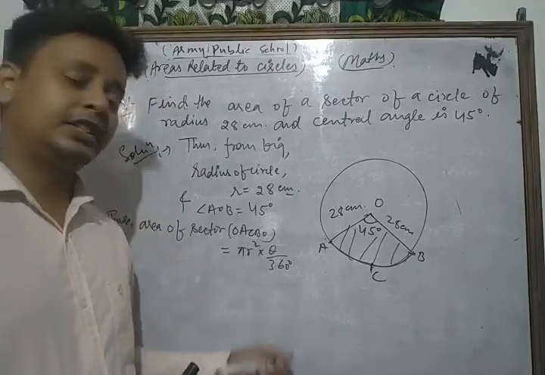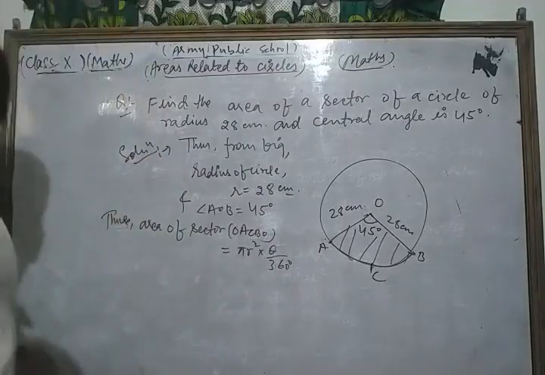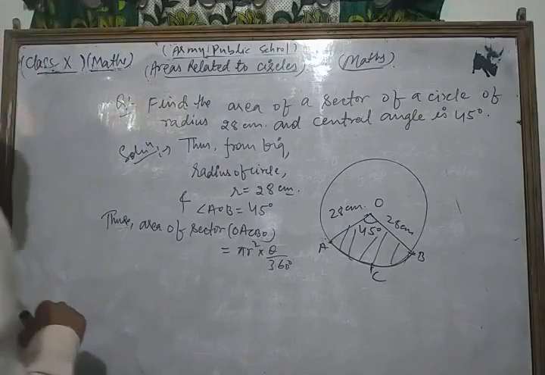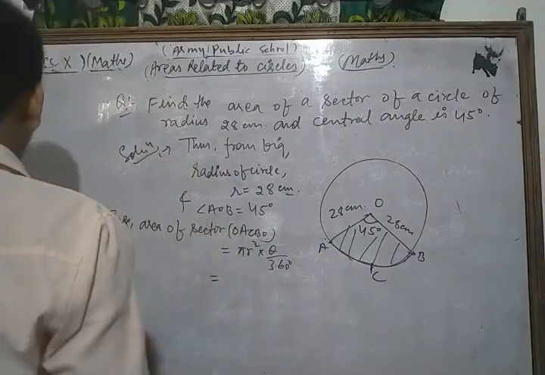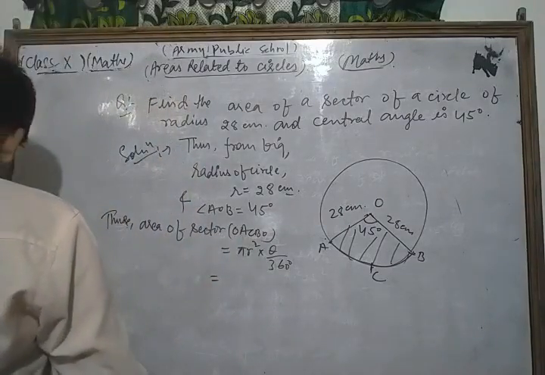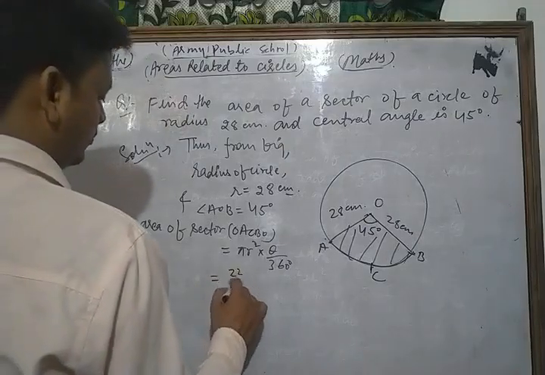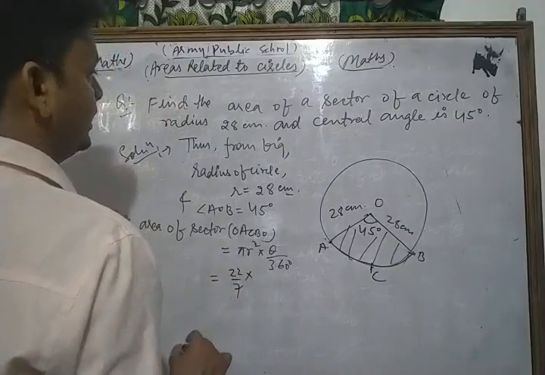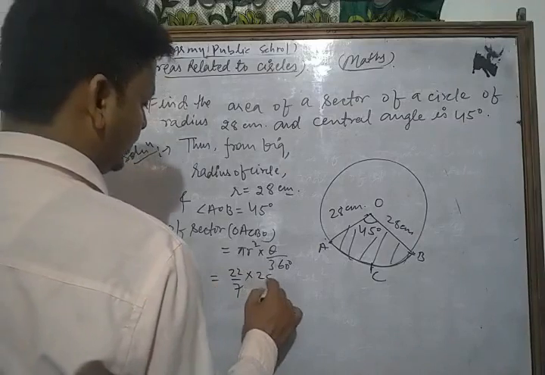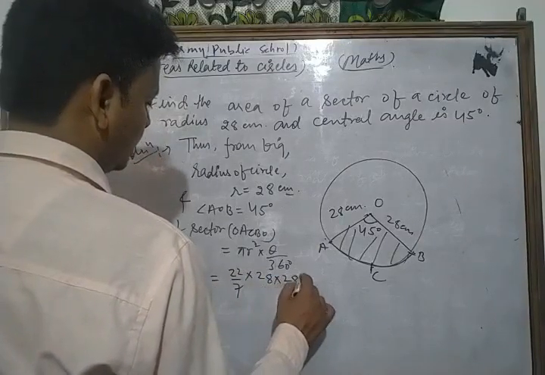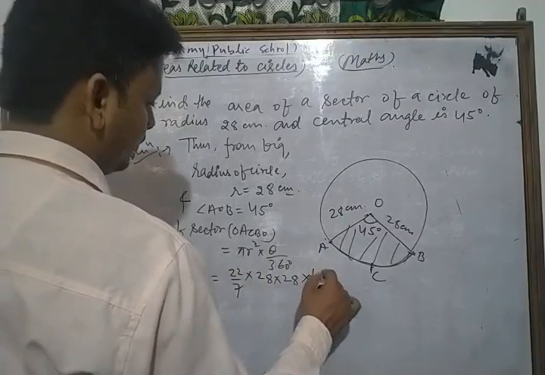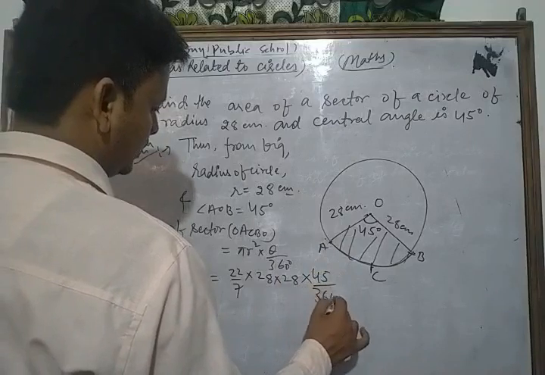Now we put each and every value in that formula. Look, the value of pi we take as 22 upon 7, r square, the radius is what? 28, so 28 into theta, what is theta? 45 upon 360 degree.